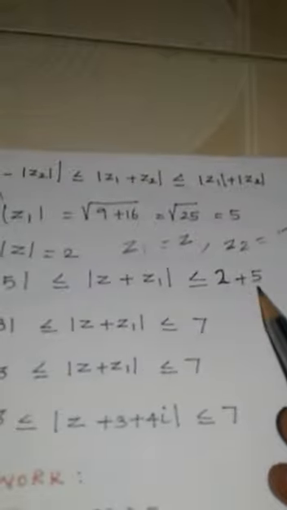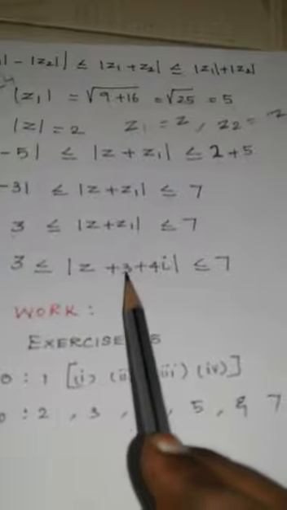So the modulus of 2 minus 5 is less than or equal to modulus of Z plus Z1, which is less than or equal to 2 plus 5. Then subtracting, modulus of minus 3 is less than or equal to modulus of Z plus Z1, less than or equal to these two added, which equals 7. Modulus makes a negative value positive.